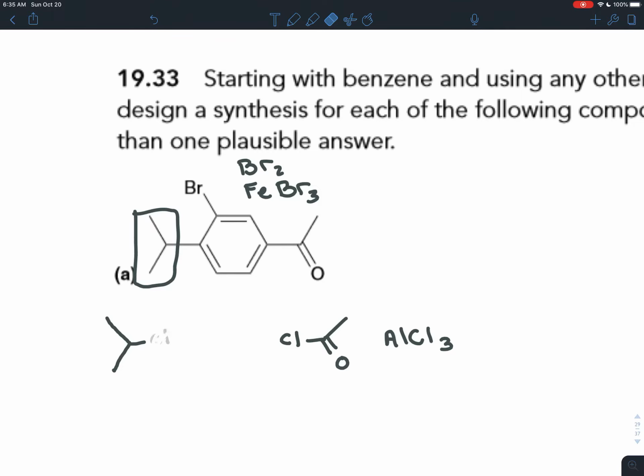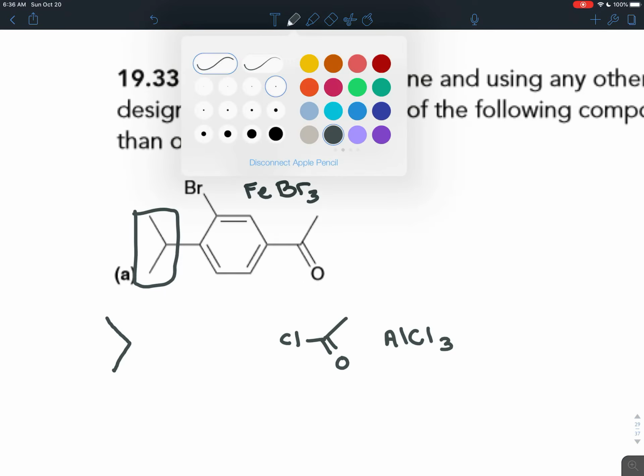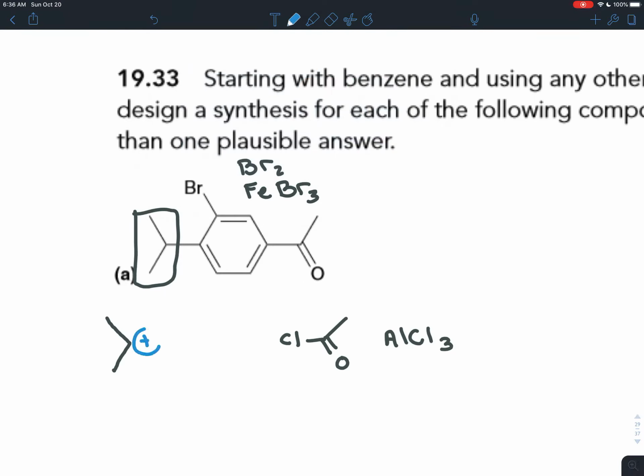Ultimately, in that mechanism, the chlorine comes off, and the carbon it was attached to becomes a carbocation. And anytime you do Friedel-Crafts alkylation, you have to worry about whether the carbocation can rearrange. So this is a secondary carbocation. That carbon's bonded to 2 other carbons. And so it is more stable than anywhere else in the molecule. At one of the ends, those are just primary carbons. They're only bonded to 1 carbon.